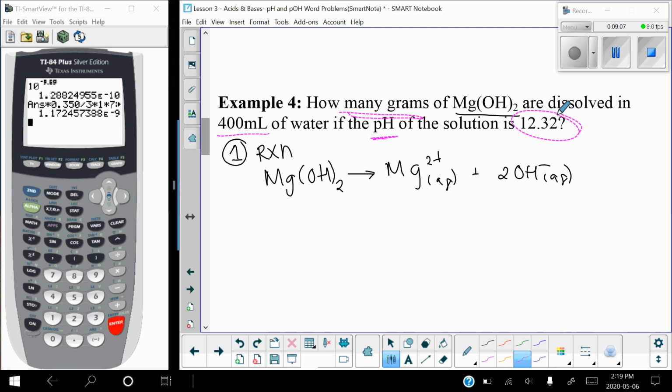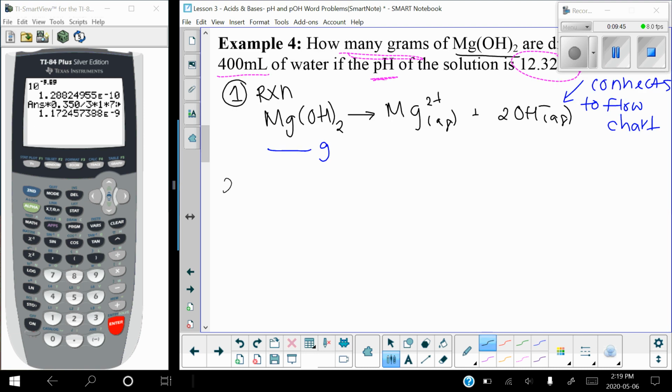Now, let's do a little bit of setup. We're looking for grams of this compound, magnesium hydroxide, and we have water, and you're going to ask yourself, what in this reaction is going to connect me to the flow chart? Again, it is going to be our hydroxide concentration. So now we're going to go to our flow chart and actually find the hydroxide concentration.